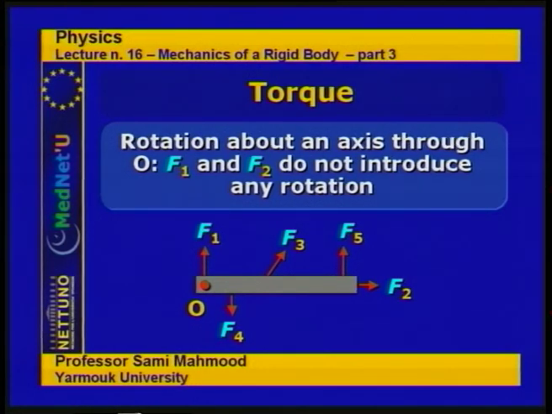If we do this very simple experiment, we will realize that the rotation of the rod will depend on the magnitude of the force that we exert on the rod, and also on how far from the pivot point we apply that force. We can also notice this by the motion of the door.